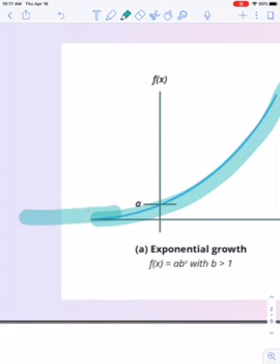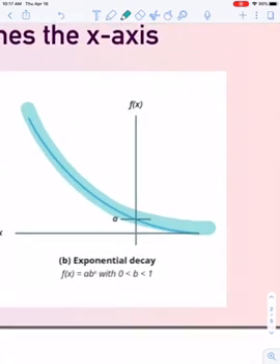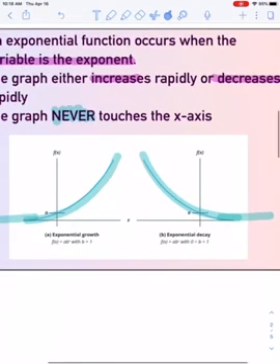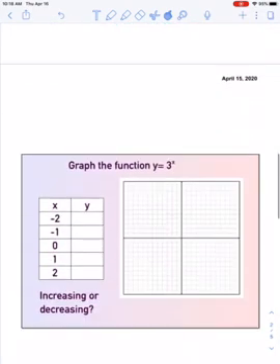Down here, it gets closer and closer, but it never actually hits the x-axis. Same thing when it's decreasing. It flies down really fast, then bottoms out and goes straight across, never touching the x-axis. So exponential growth is growing very quickly, and exponential decay is decreasing very quickly.